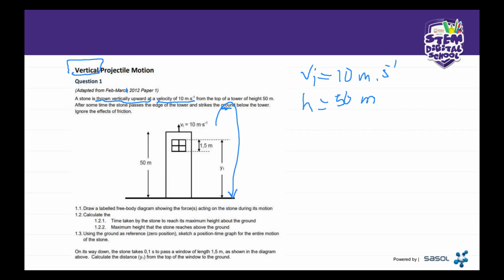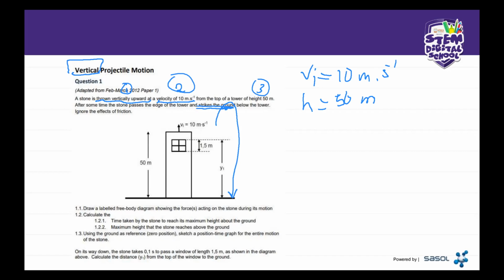The second part is the velocity of 10 meters per second and the height of 50 meters. These are all given. And it strikes the ground. So the minute it strikes the ground, you ignore the effects of friction. So there we have it.